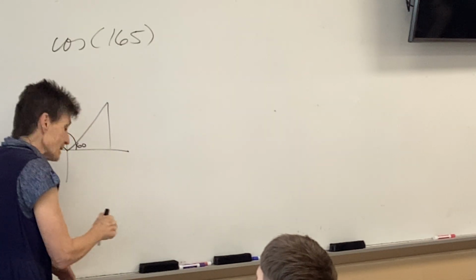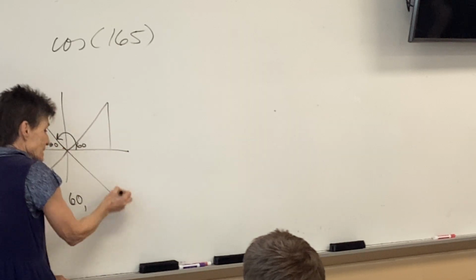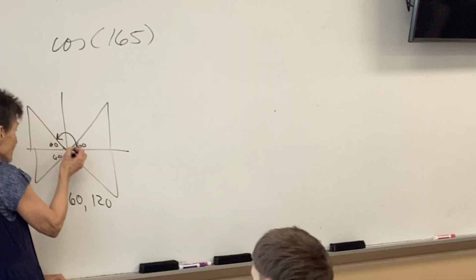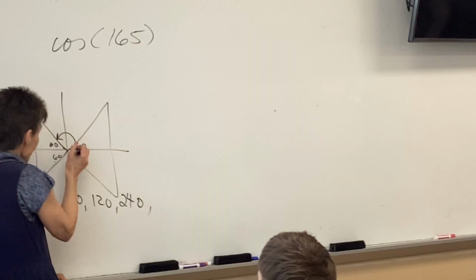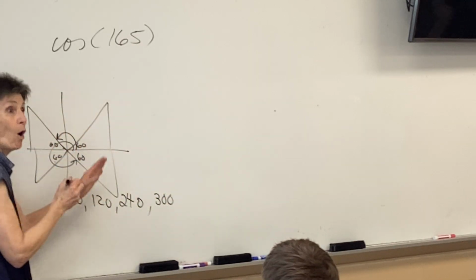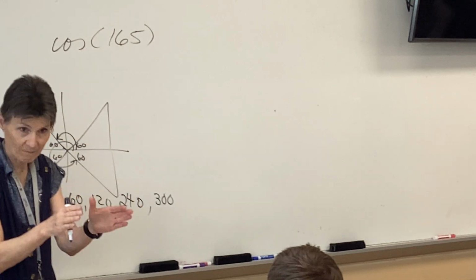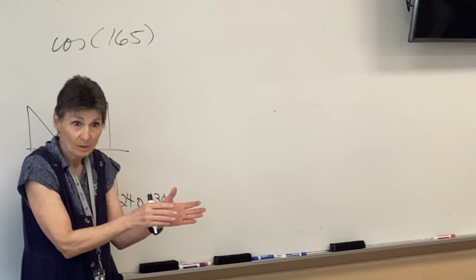So not only can you use 60, but you can use every 60. So 60, 120, this one would be 240, and this one would be 300. You can use all of the 60s, and all of the 45s, and all of the 30s, okay?